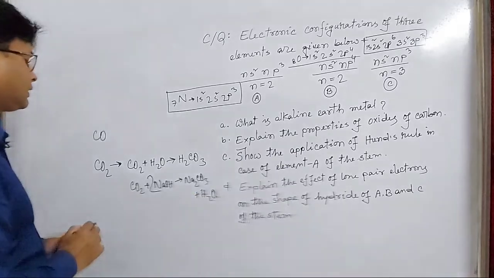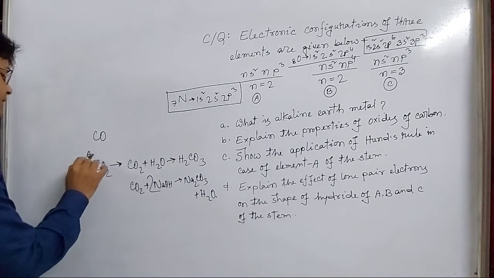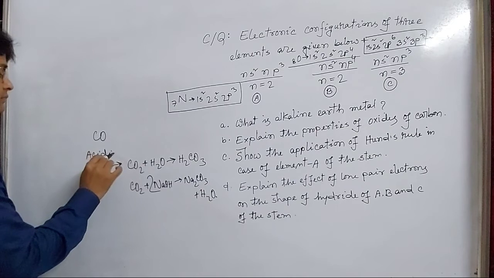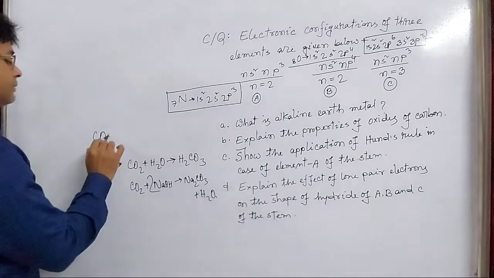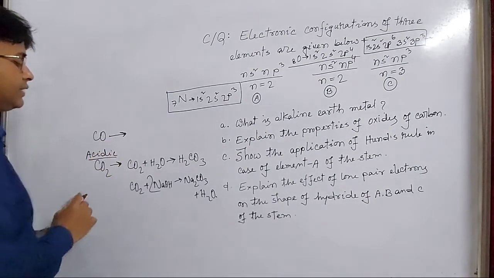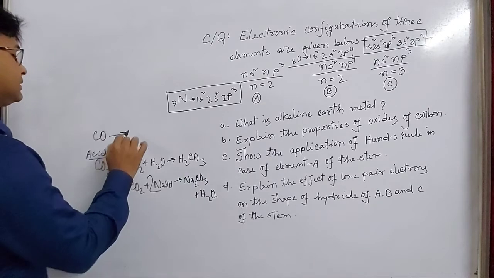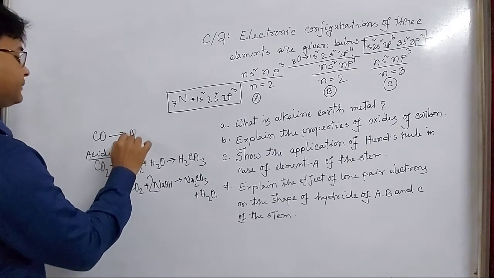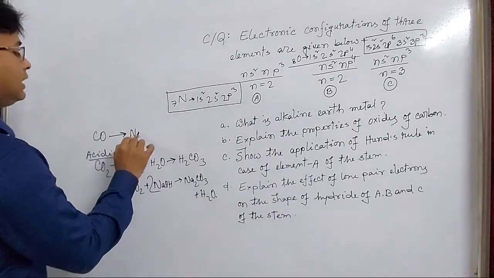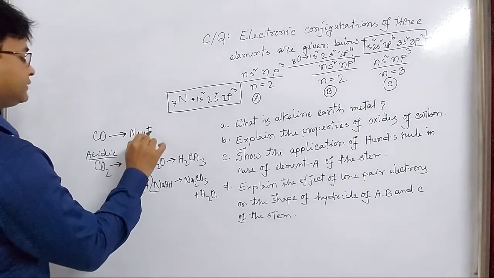That's why carbon dioxide is acidic in nature. But carbon monoxide does not react with acid or base. That is why carbon monoxide is a neutral oxide.